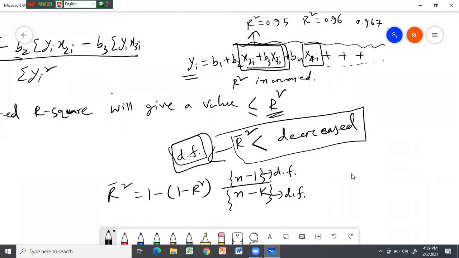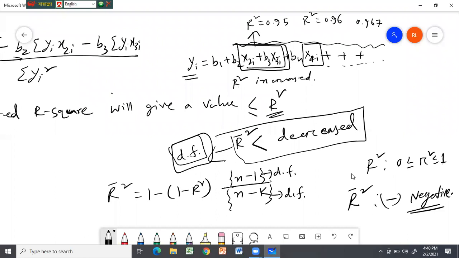আচ্ছা, আরেকটা বিষয় হয় অনেক সময়, sometimes we know that R square value will remain between 0 to 1. R square সব সময় 0 থেকে 1 এর মধ্যে ভ্যালুটা থাকে, because this is a square value, it can never be negative. So its minimum value is 0 and maximum value is 1. But adjusted R square value can be negative.